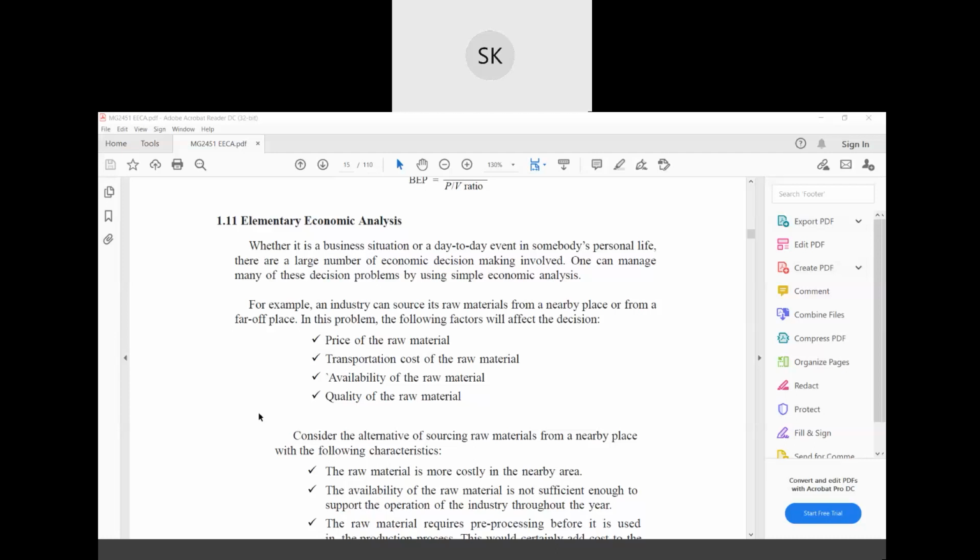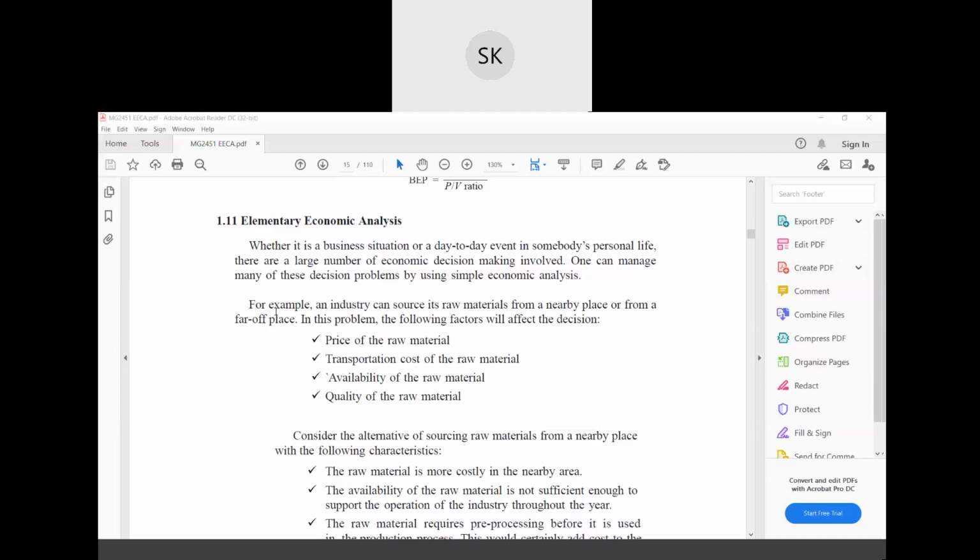Based on that you analyze whether taking the material from nearby places will give you profit, or taking it from far places will give you profit.